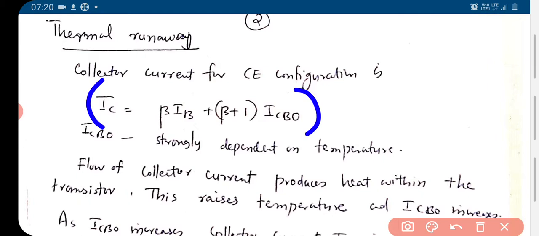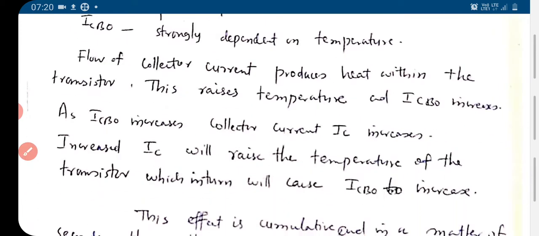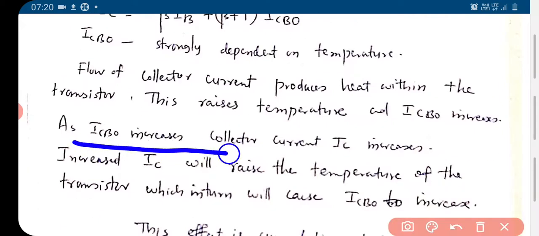The flow of the collector current produces heat within the transistor. As collector current flows, it produces heat, and as heat is produced, the temperature increases, so ICBO increases. As ICBO increases, the collector current IC increases.